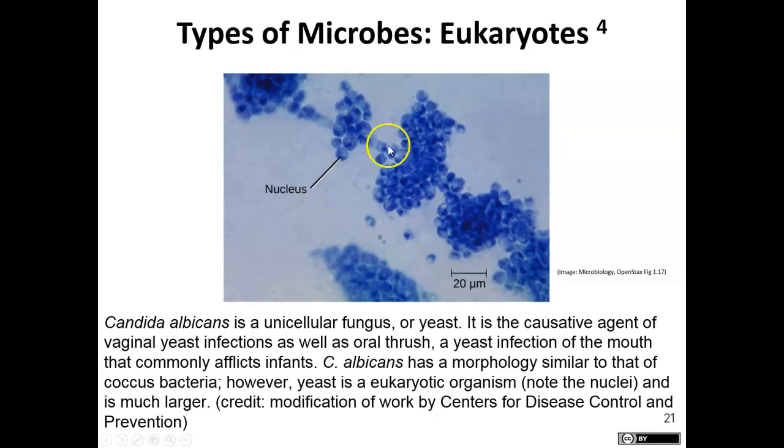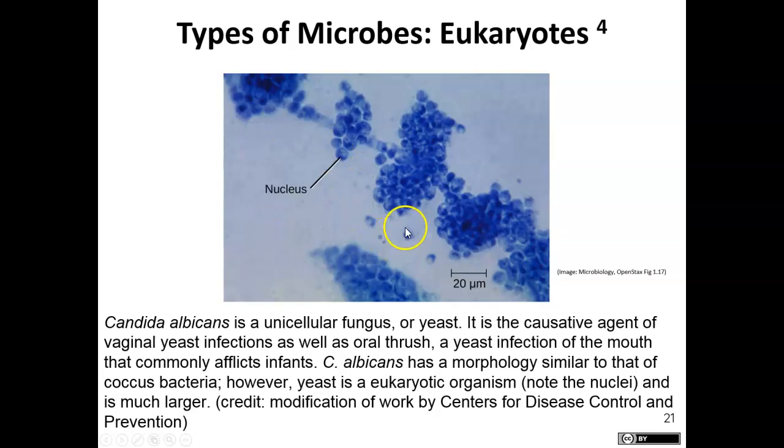This is Candida albicans. So this is a fungus. Candida albicans is actually a very common agent in the vaginal region of females. Well, okay, there's no vagina in a male, so that makes sense.